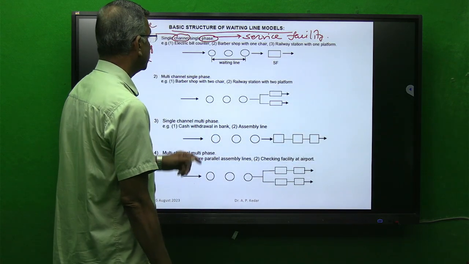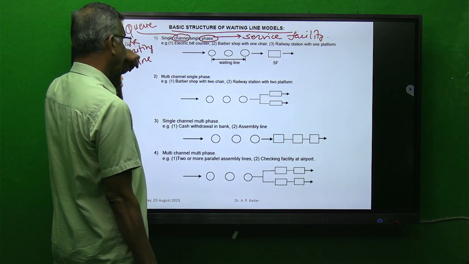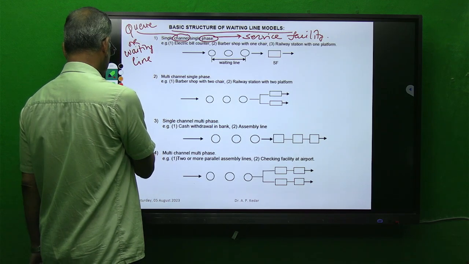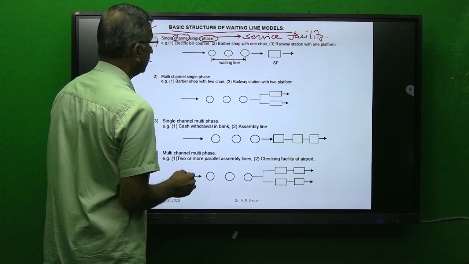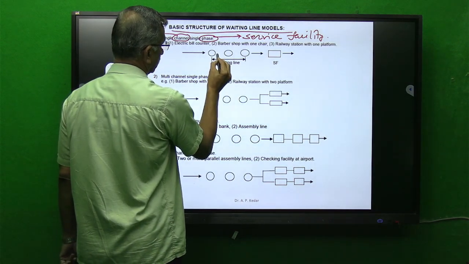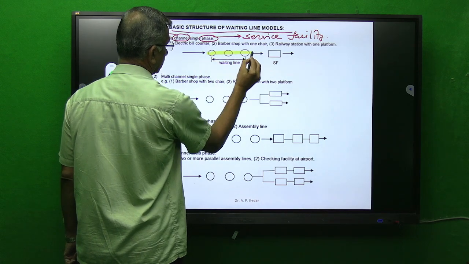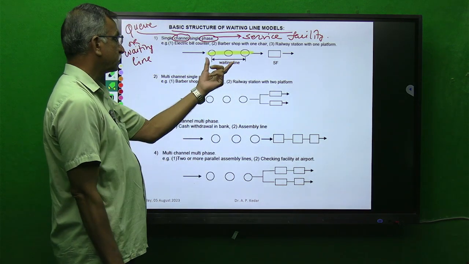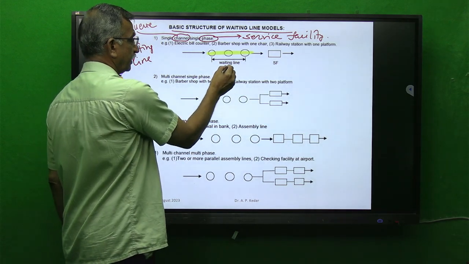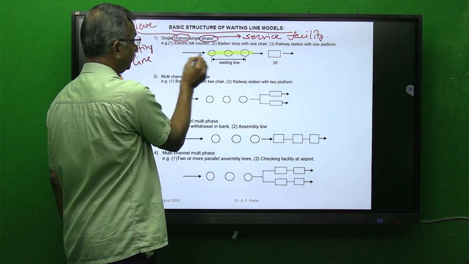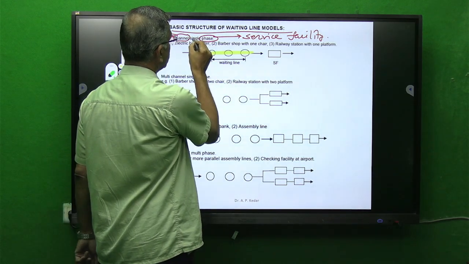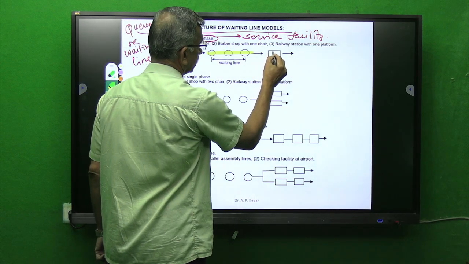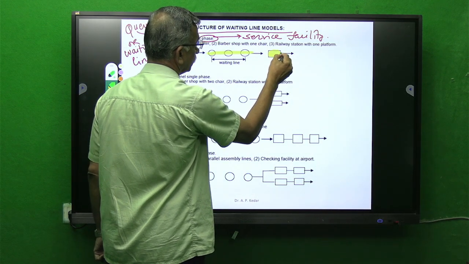Now here, what is the meaning of single channel, single phase? I will explain through this. This is a single channel, which is forming a waiting line or queue, and this is a single phase service facility.